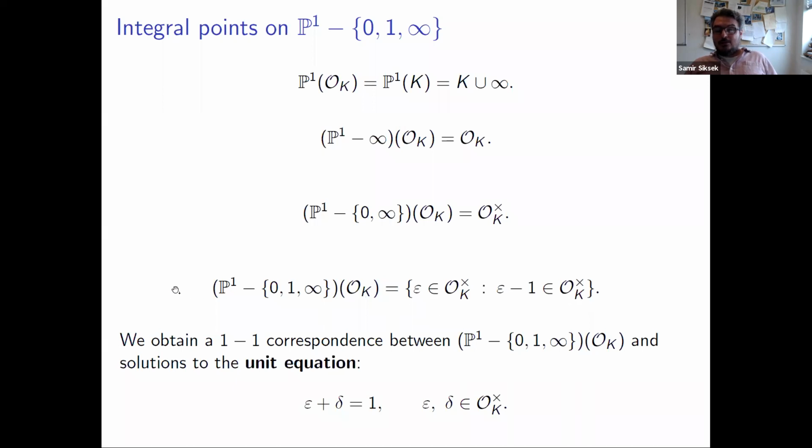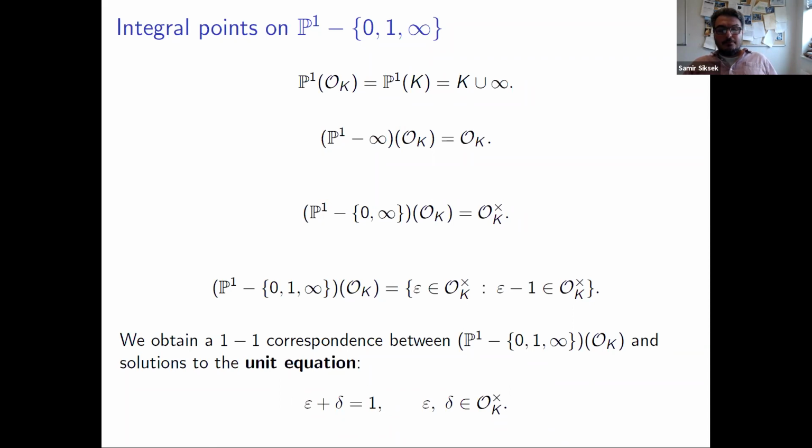Once you've written this down, you realize that there's a one-to-one correspondence between integral points on P1 minus 0, 1, and infinity and solutions to the unit equation, epsilon plus delta equals 1, where epsilon and delta are units of the field. And it's in this form that Siegel proved finiteness for the set of solutions to the unit equation.